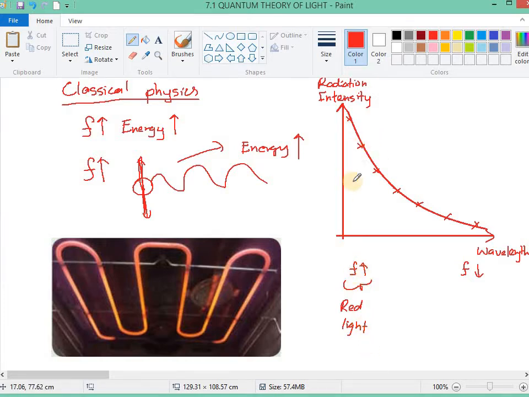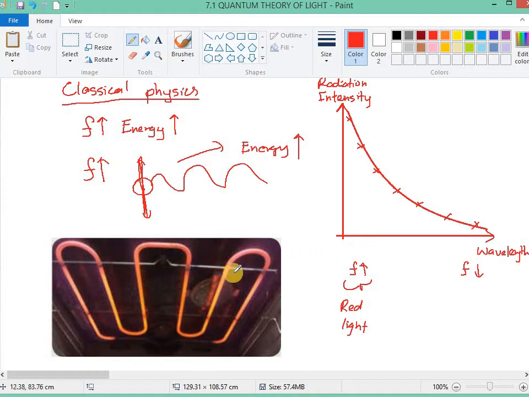That means a lot of energy goes to the frequency of red light, so we see it glow red. And all the other, longer wavelengths have less energy.